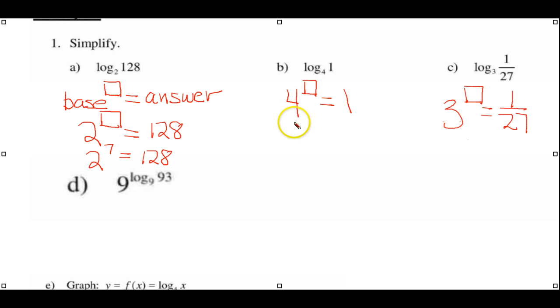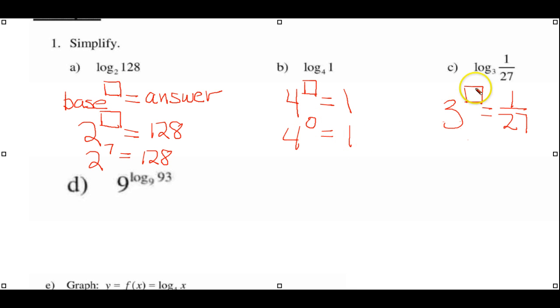And if you remember, anything to the 0 power is 1. So the answer for this example is 0. So what exponent of the base 4 will equal 1? And it would be 0. Anything to the 0 power is 1.